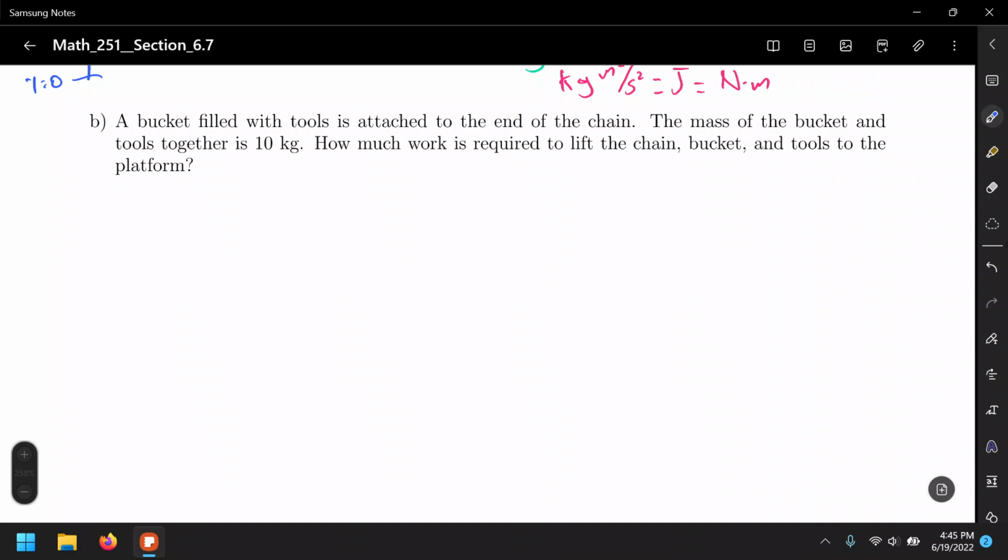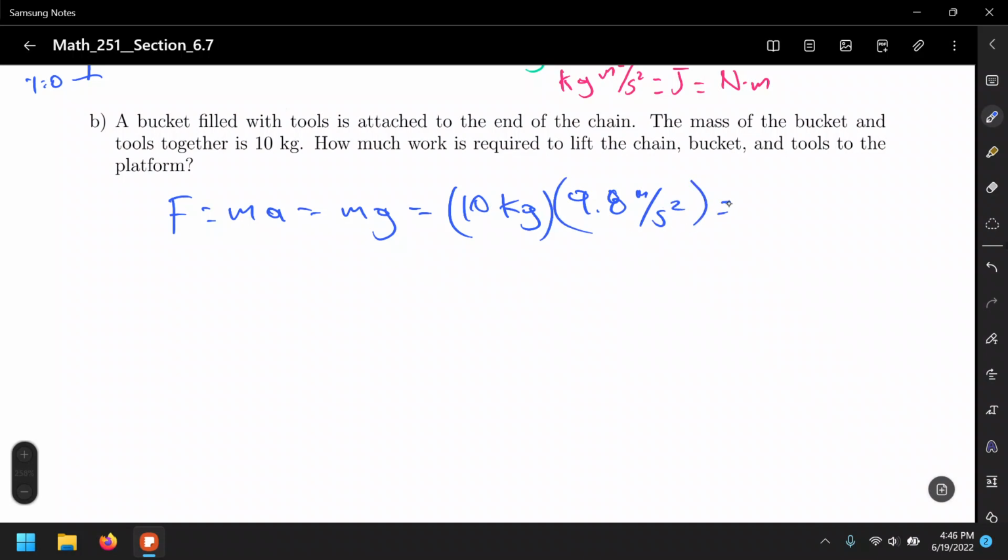All we have to do is find the force, mass times gravity. The mass is 10 kilograms, combining the bucket and the tools, times 9.8 meters per second squared, which is 98 newtons. That's what kilogram meters per second squared are.